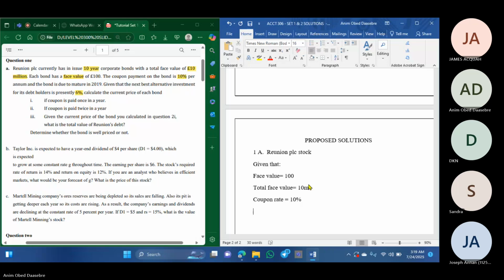And yield to maturity also equals 6%, so either yield to maturity or market yield is 6%.